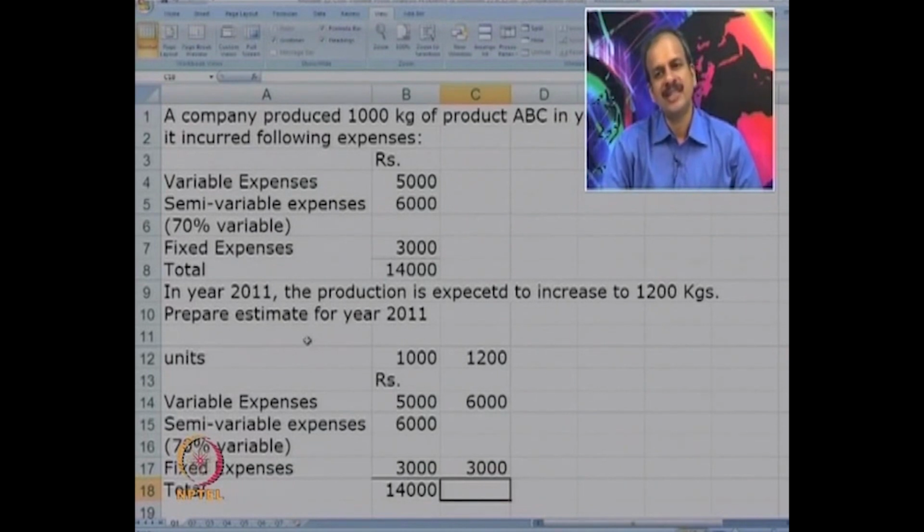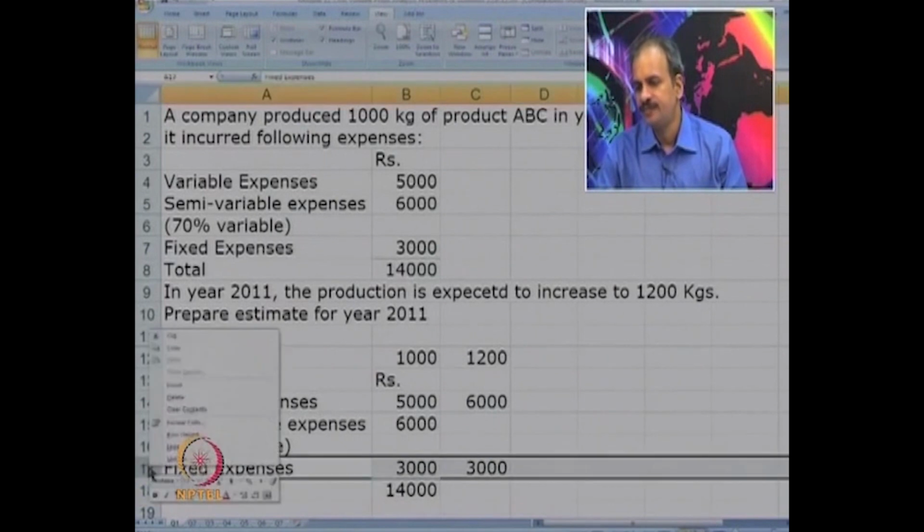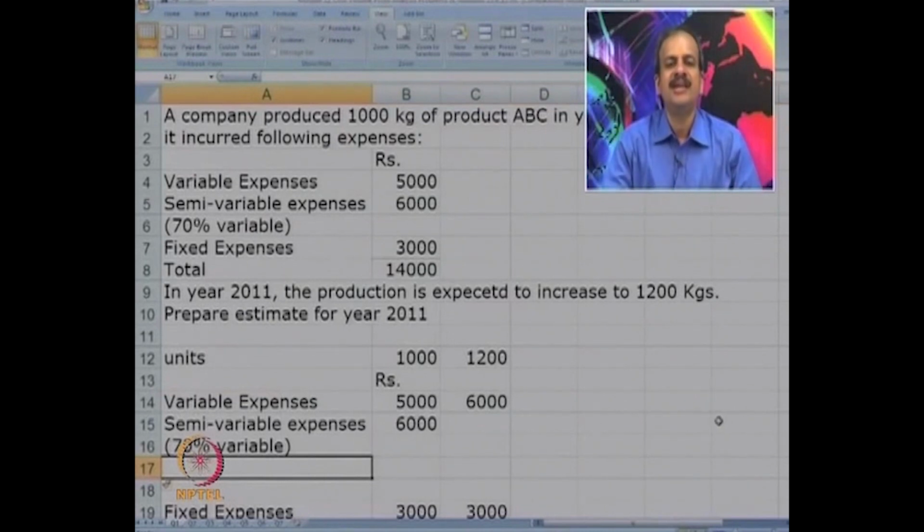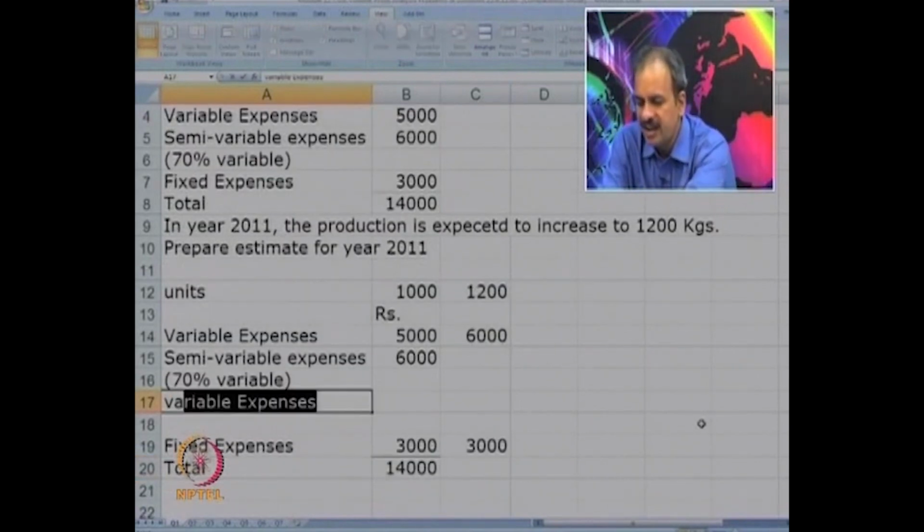What shall we do with semi-variable? Let us break it down into fixed and variable. Then our work will be simple. It is given that 70% of it is variable. So how much is the variable component?